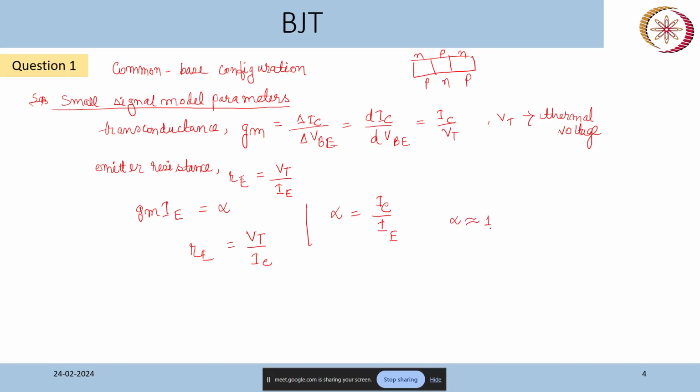So this is an assumption we often make to do calculations, because we want in our transistors the base current to be as low as possible, and we want a high collector current, so that we get the amplification. So this is a reasonable assumption. Emitter resistance is equal to Vt by IC. So if someone joins later, I can show you the question again.